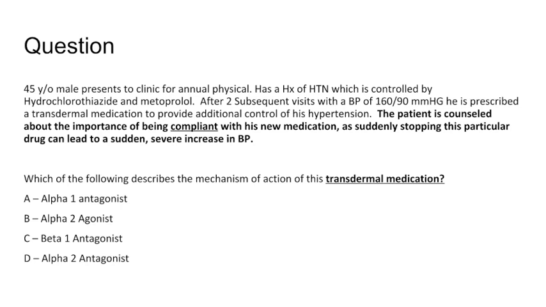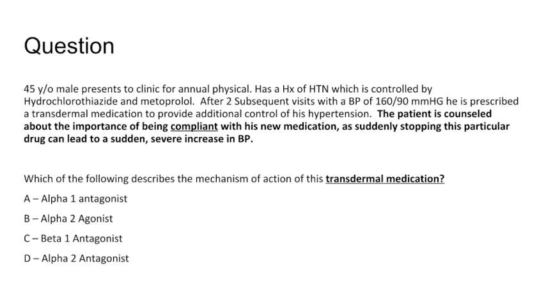So, question. A 45-year-old male presents to the clinic for an annual physical, with a history of hypertension controlled by hydrochlorothiazide and metoprolol. After 2 visits with a BP greater than 160/90, he's prescribed a transdermal medication to provide additional control of hypertension. The patient is counseled about the importance of being compliant with the new medication, as suddenly stopping this particular drug can lead to a sudden, severe increase in blood pressure.